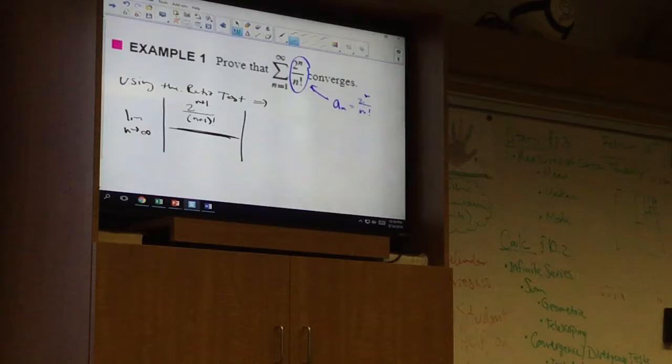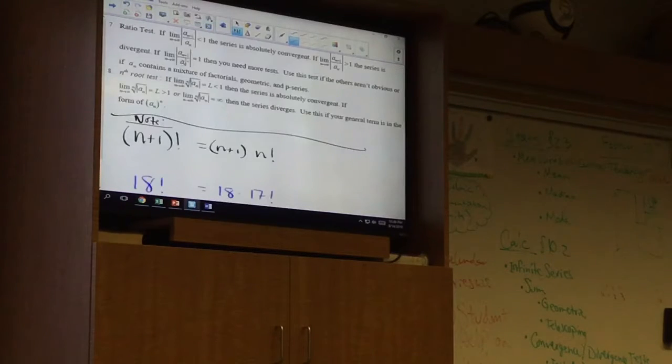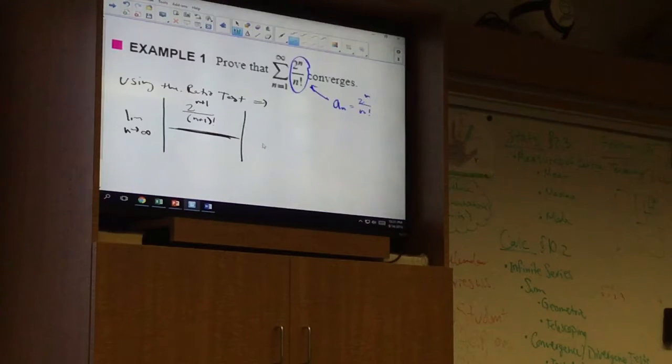So what does the ratio test say? Let's go back to that. The ratio test says that I am taking a sub n plus 1 divided by a sub n. Y'all see that? And so if a sub n is 2 to the n over n factorial, what's a sub n plus 1? 2 to the n plus 1 over n plus 1 factorial, right?